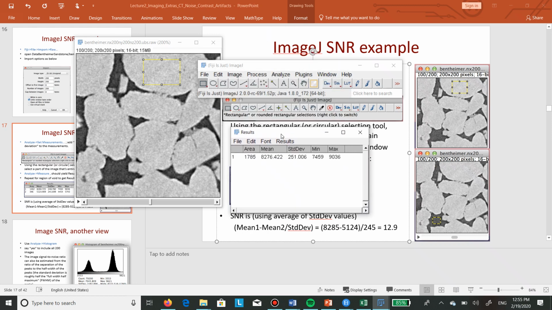Whenever ImageJ is measuring something, it has this Results table as a default place to go to. You can save this table with Save As, and if you save it as a .csv file, you can read it into Excel and do measurements somewhere else as you please.